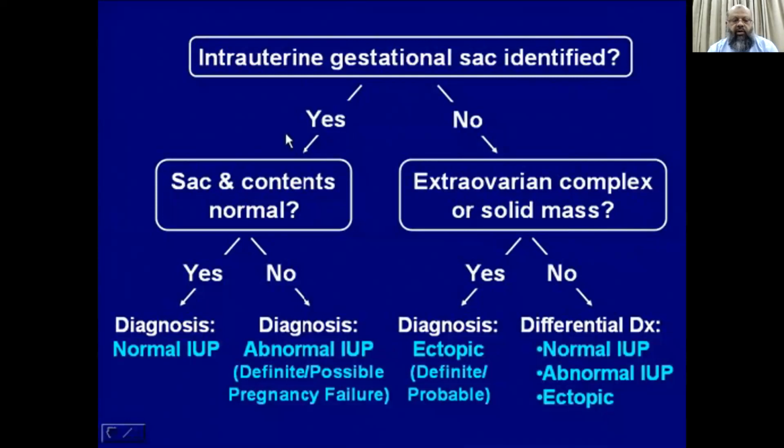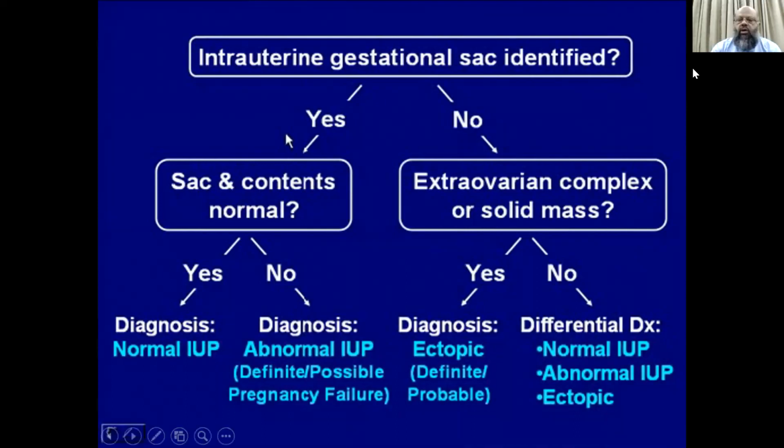If they are normal, then the diagnosis is normal intrauterine pregnancy. If the sac and contents are not normal, then the diagnosis will be abnormal intrauterine pregnancy, definite or possible pregnancy failure. Whereas the other situation can be that the intrauterine gestational sac is not identified.